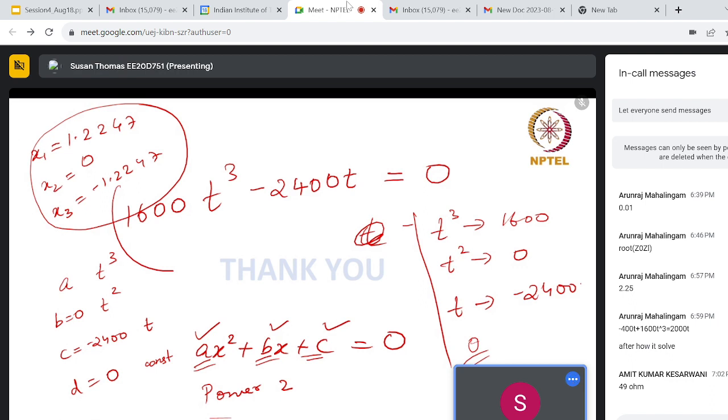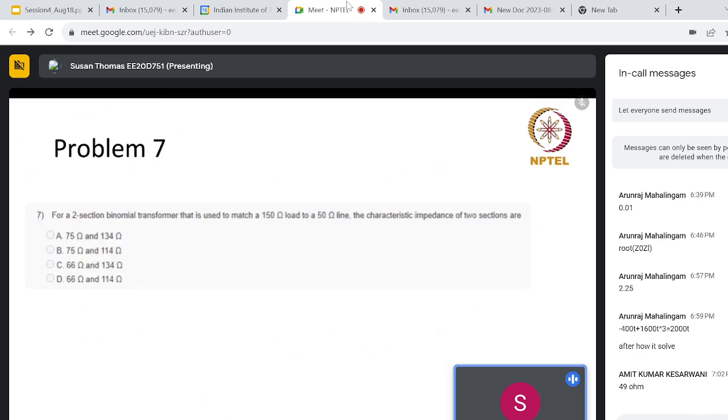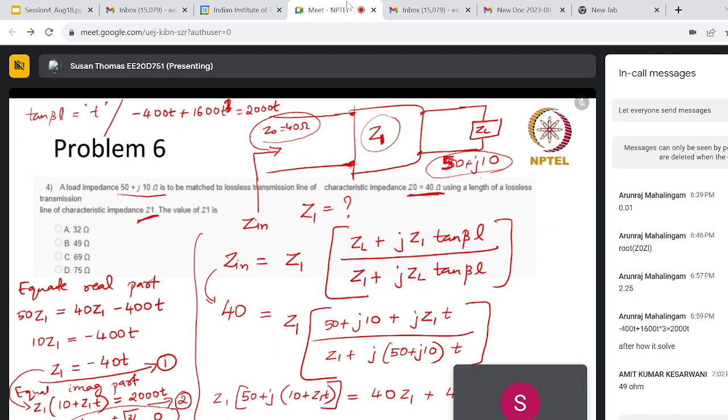So now we haven't reached the answer. What is to be found? The question is to find the 49, Z1. So what do we do? Now you see it cannot be 0, and there are 3 solutions out of which you cannot choose 2. 0 is not possible, and plus root 3 by 2 is also not possible. Why?